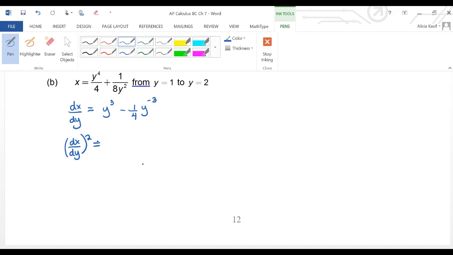What would this look like when we FOIL it out? What do we get? 2y cubed minus 1/2, minus 1/2. Y to the 6 minus 1/2 is good. Plus 1/16 y to the negative 6. How did you do that?